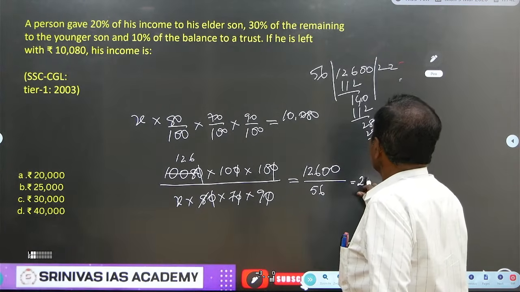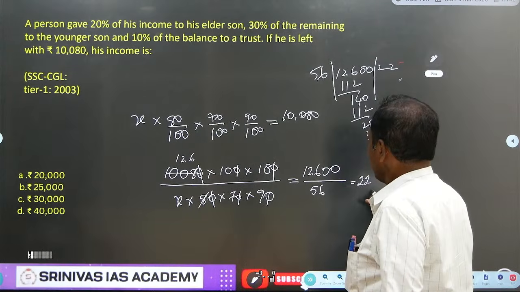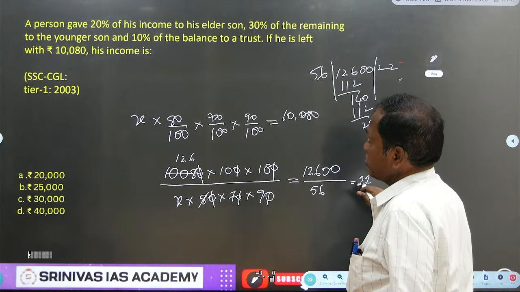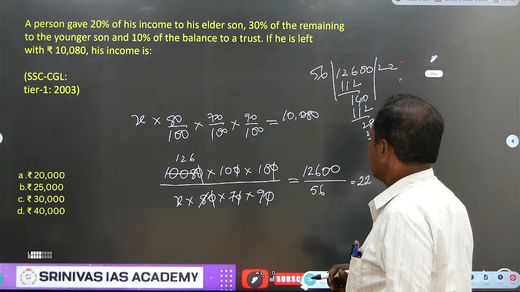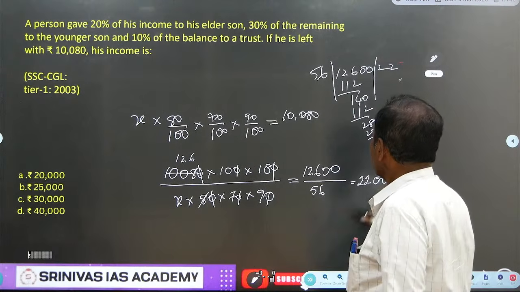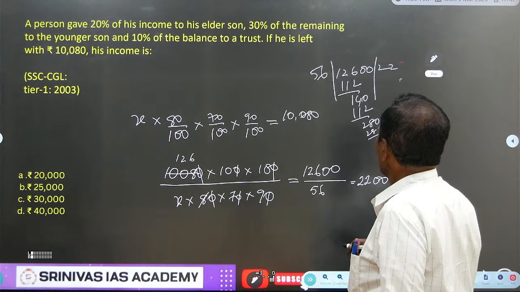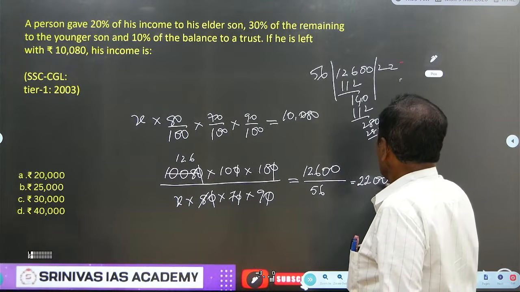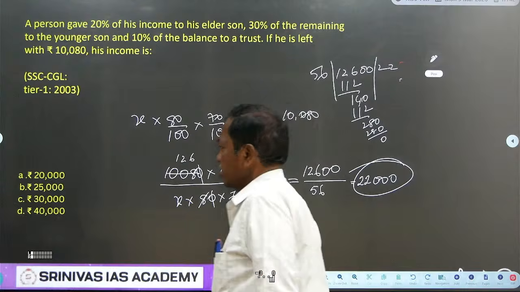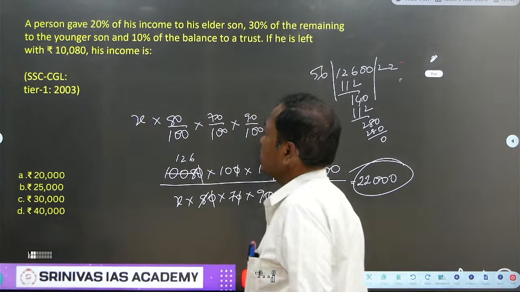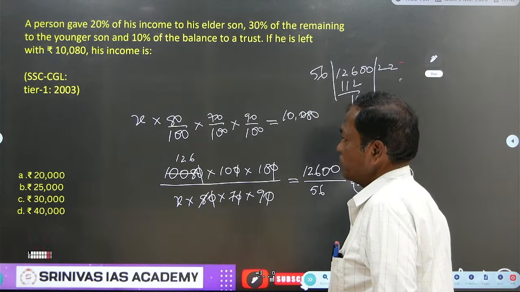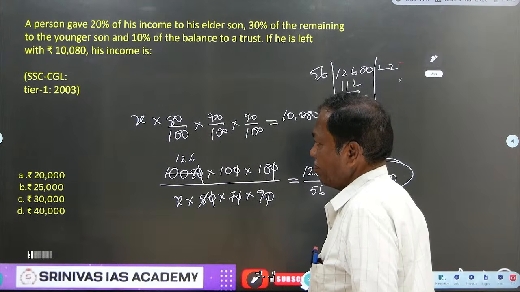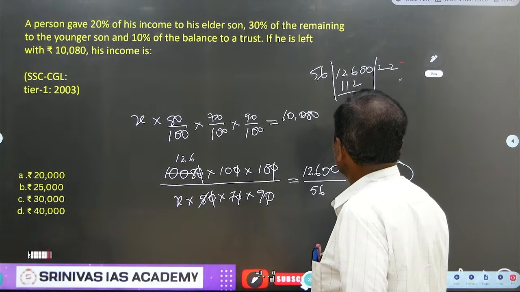Yes, this is 22. 10,080. 22,000. It's not in the options. What I get is 22,000.